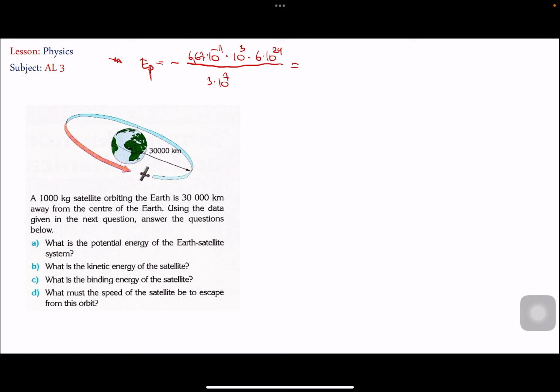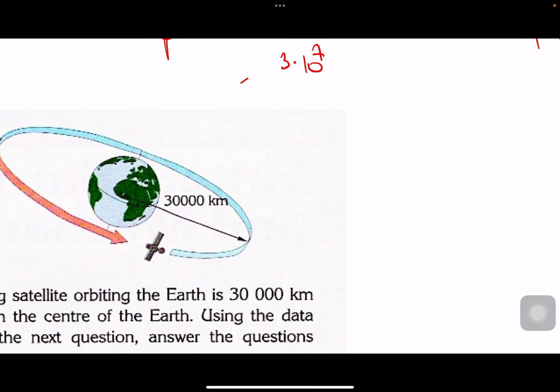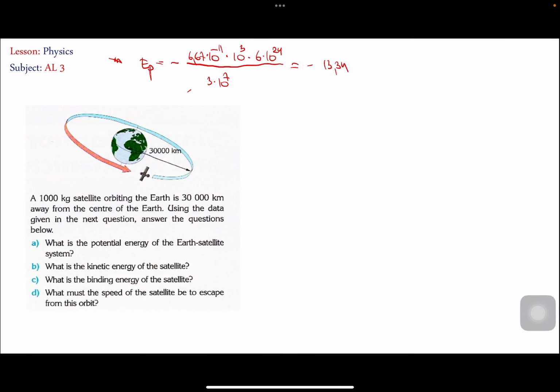So my total energy, if I multiply 6.67 by 2, I have here 13.34, because I have to simplify 3 and 6 by 2. And what should I do?